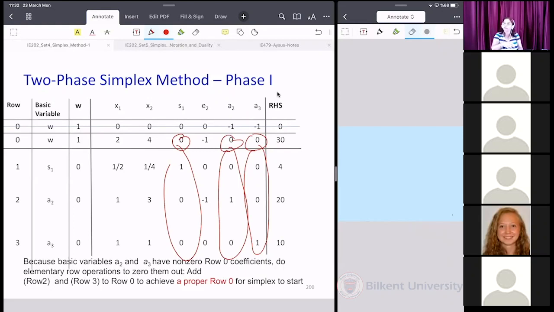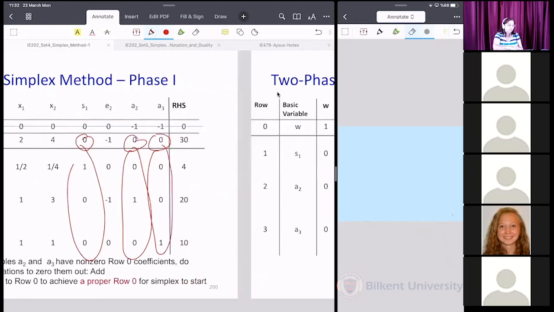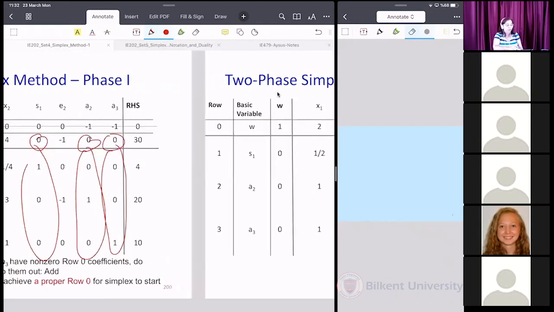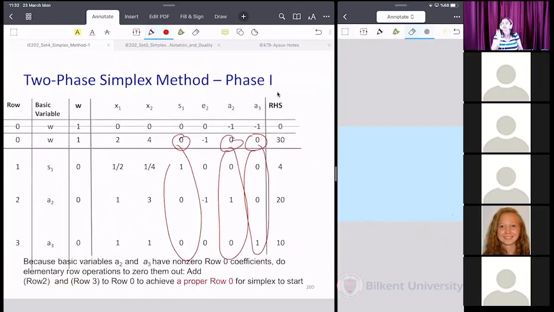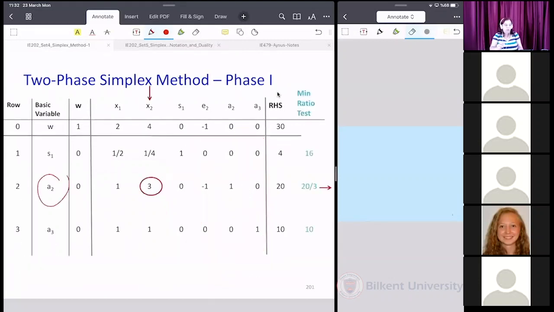I didn't convert it to a maximization problem. So the most positive will enter, which is x2. I do my ratio test. A2 is the winner. So x2 enters and A2 leaves my basis.